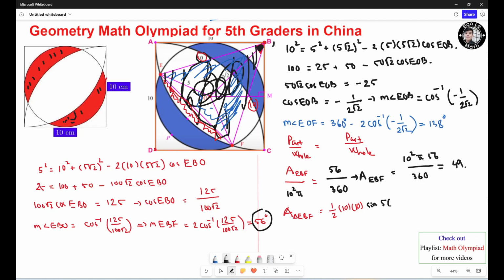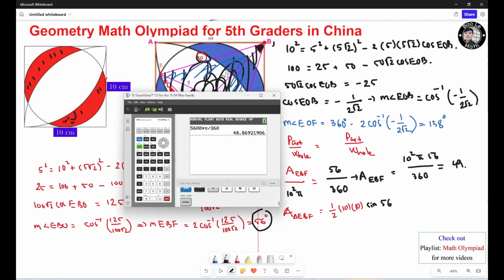So sine 56. It turns out to be 10 times 10, 100 divided by 2, which is 50. So it's 50 times sine 56, and it's roughly 41.